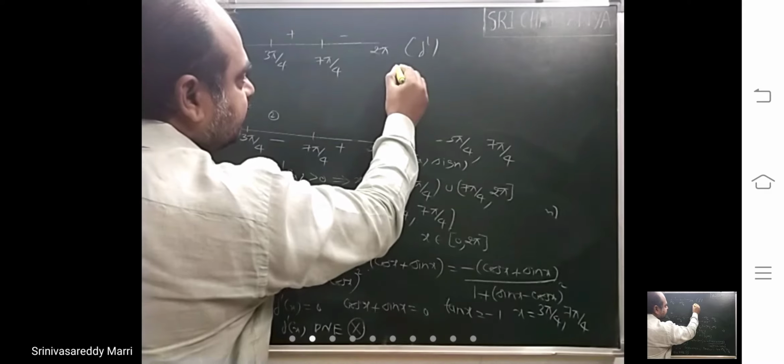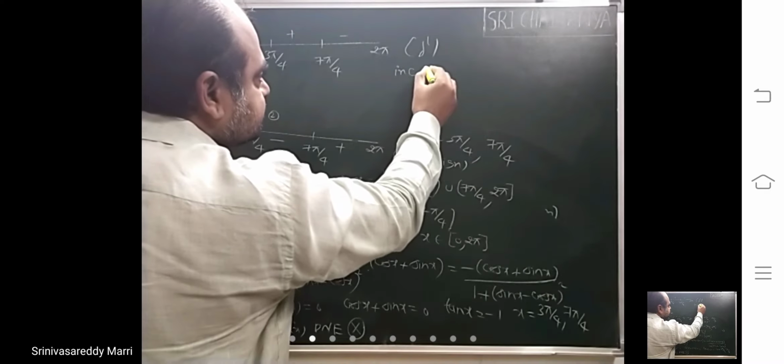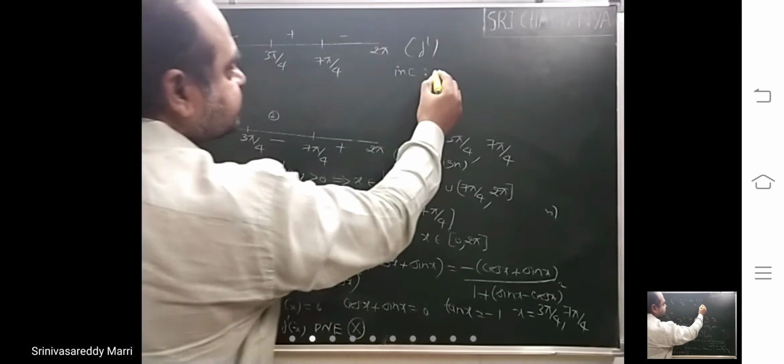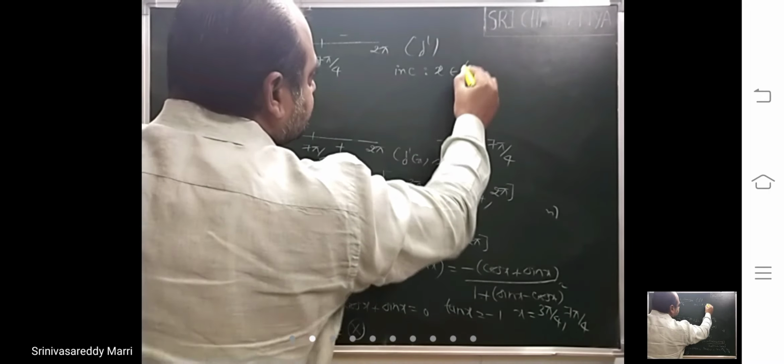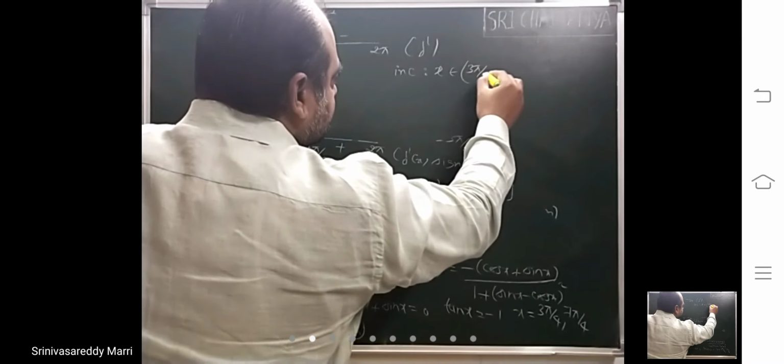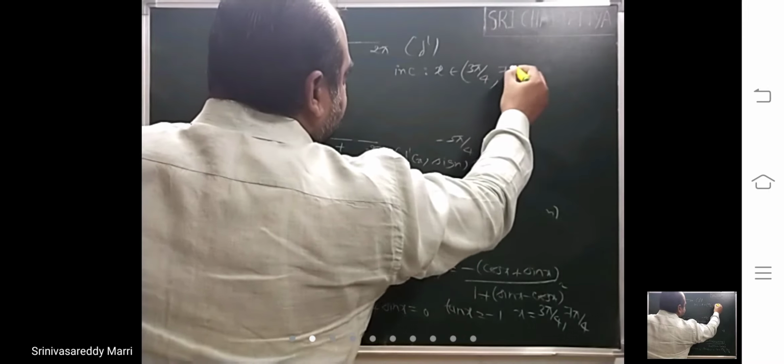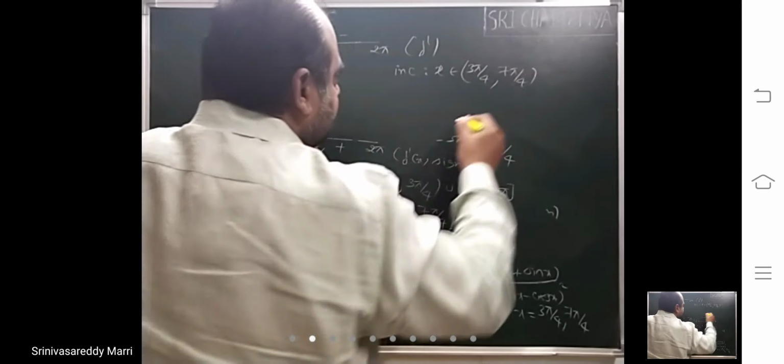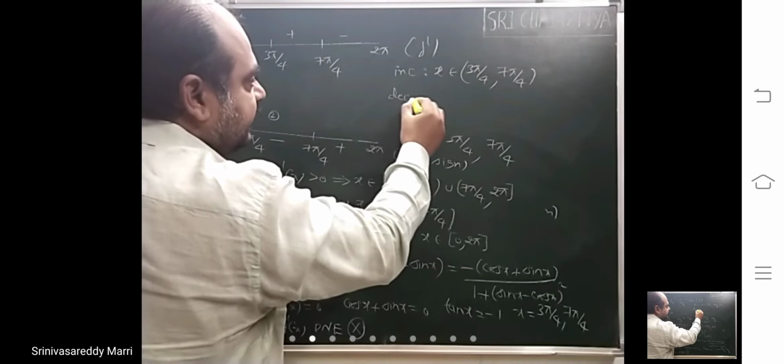That means it increases. Increases means positive interval: 3 pi by 4, comma 7 pi by 4.